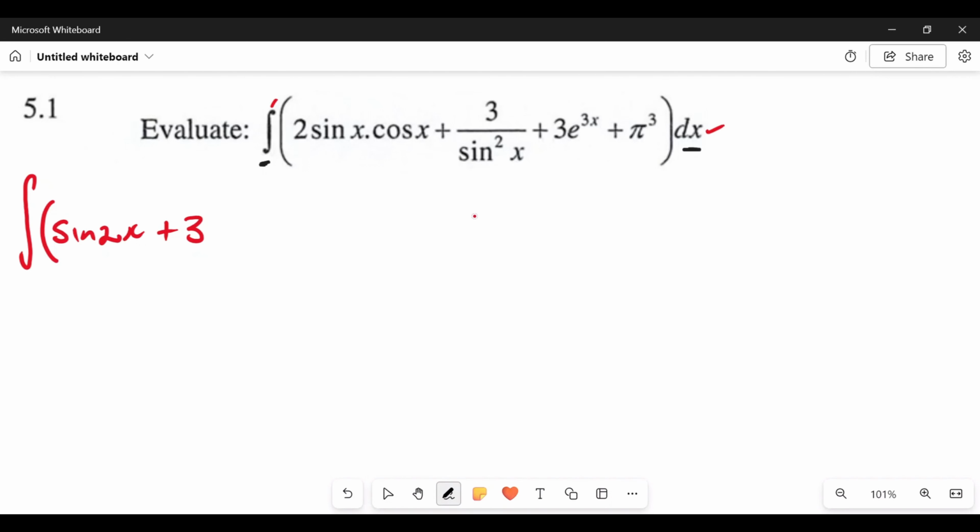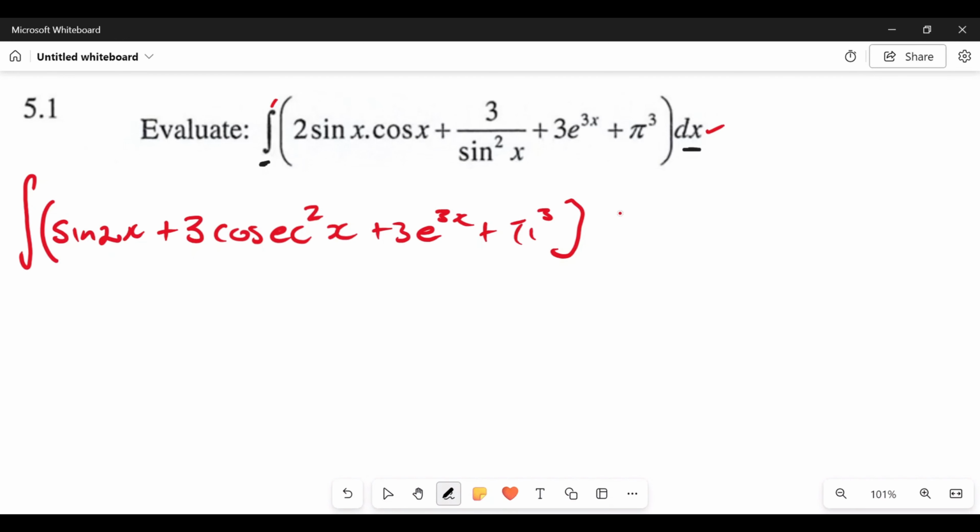What is 1 over sine? So 1 over sine is actually cosec, but since this one is squared, we must put squared there, x. So when we simplify, this is going to become 3 cosec squared x plus 3e to the power of 3x plus pi to the power of 3.